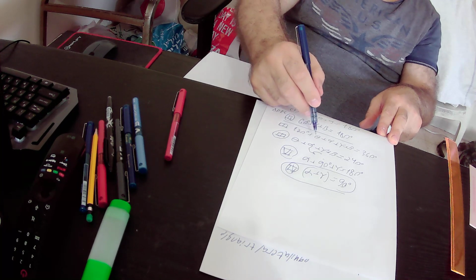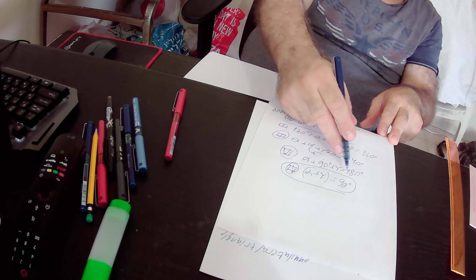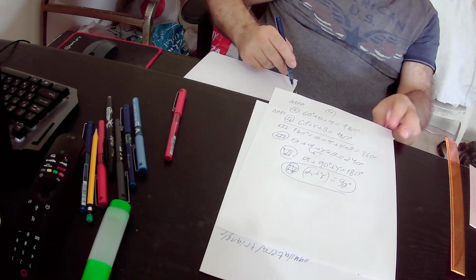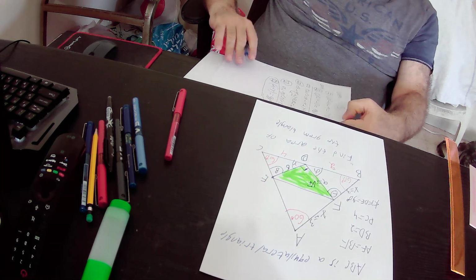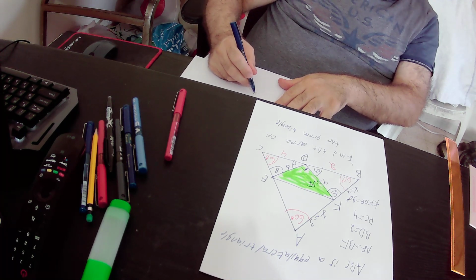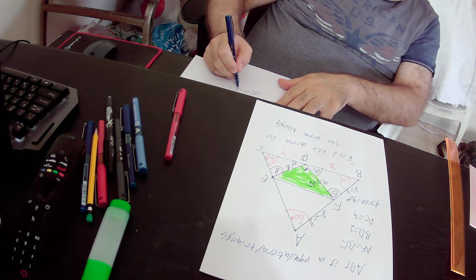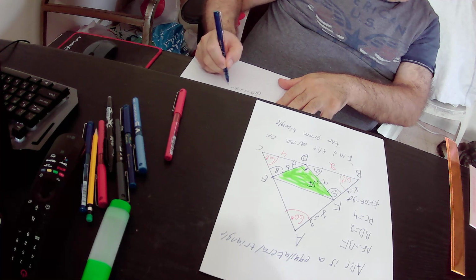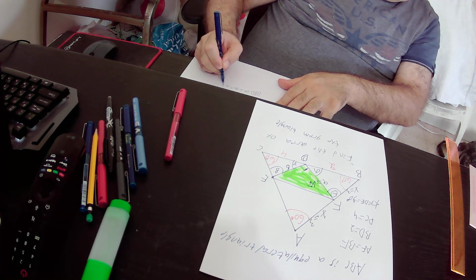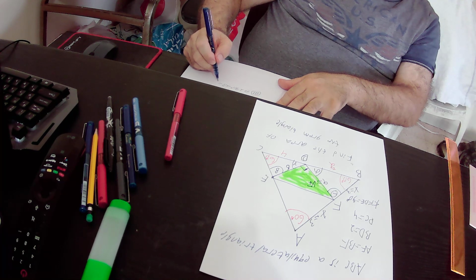And we'll get that theta plus 90 degrees plus beta equals 240 degrees.